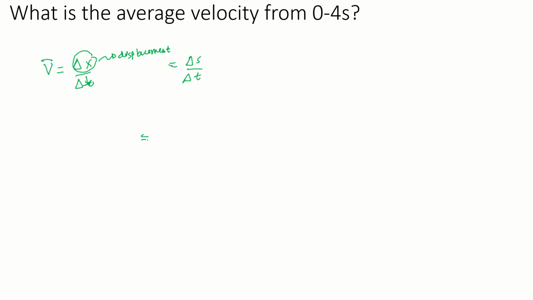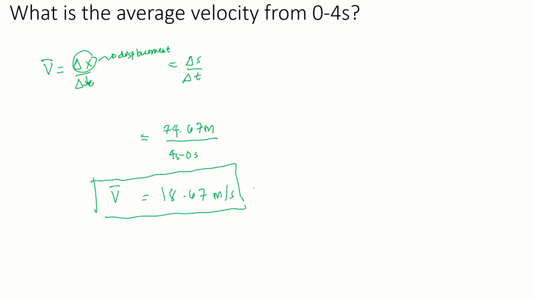Our change in s from the previous slide is 74.67 meters, divided by the time 4 minus 0 seconds. So 74.67 divided by 4 is 18.67 meters per second. So this is your average velocity from 0 to 4 seconds.